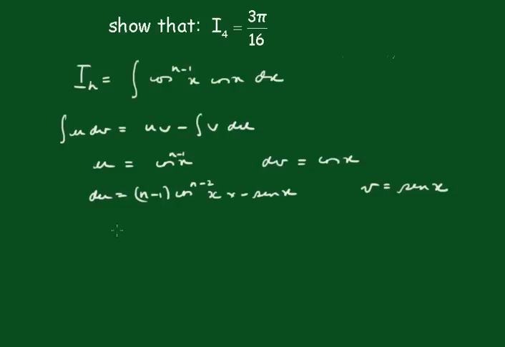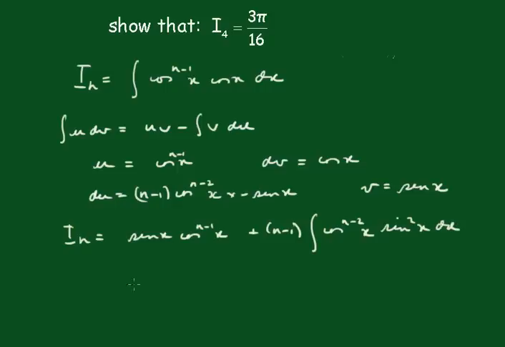And of course, the integral I_n is going to be sin x cos^(n-1) x. Now it'll be minus, but this will be a plus, so it'll be plus (n-1) times the integral of cos^(n-2) x, and sine times sine is sine squared dx.